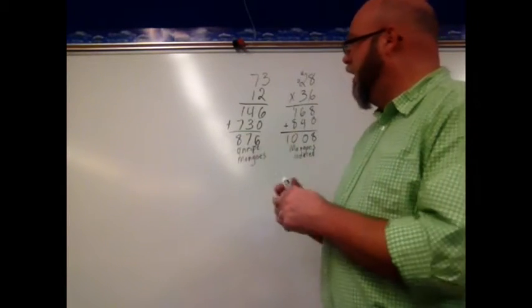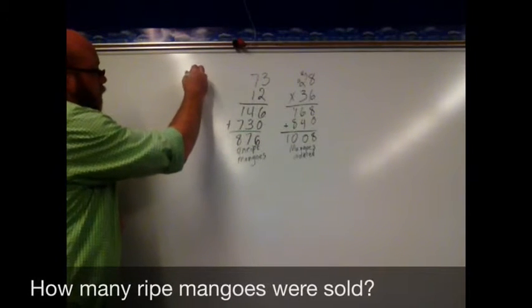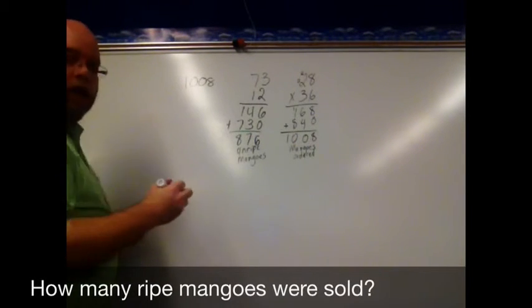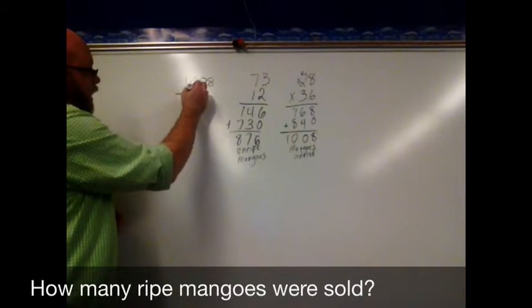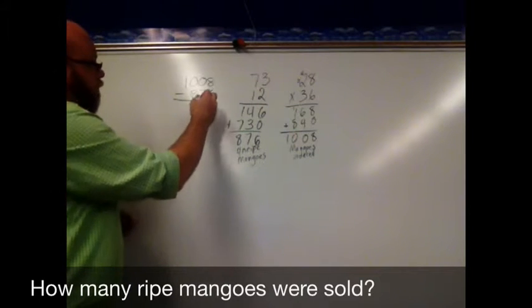So I'm going to take 1,008, cross here real quick, and I'm going to subtract the 876 unripe mangoes.